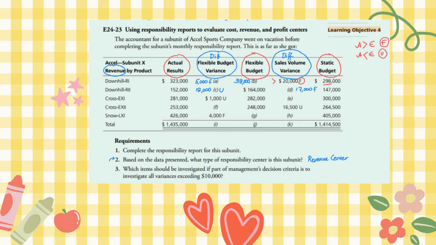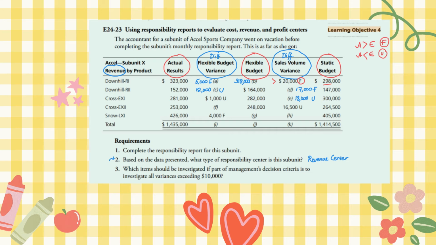Let's go to the third line. Let's solve for E. I expected to get 300, I got 282. I got a lower amount, so it's going to be unfavorable. 282 less 300, it's going to be 18,000. Again, there is no positive, no negative. It's favorable or unfavorable.